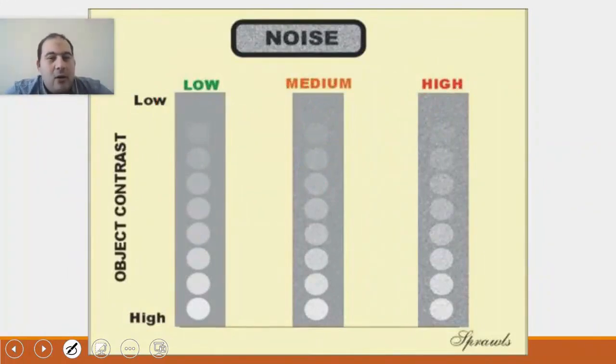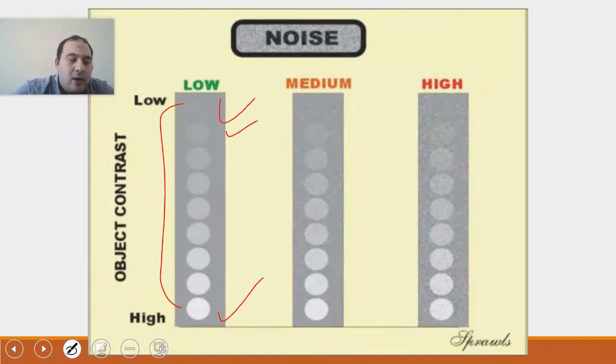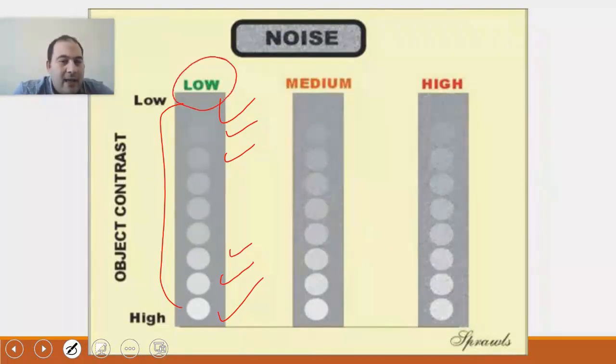Noise and its effect on the objects present within the scanned organ. For example, if I have different objects like this, some have high contrast and others have low contrast, meaning their physical density is low. Therefore, the contrast between them and the background is low here and high there. In the case of low noise, the effect won't be very significant.